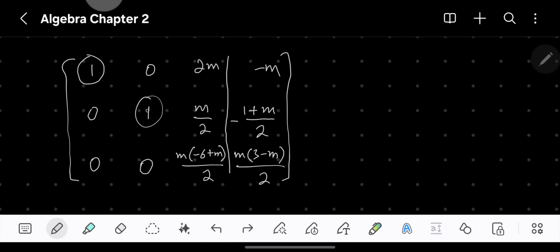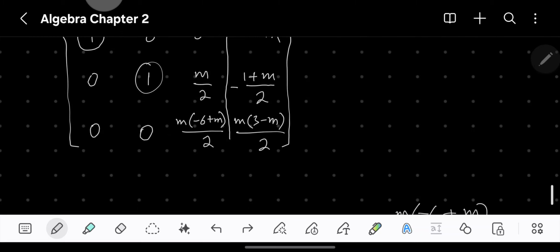Now, if I make a submatrix of this one, in this submatrix, this is the leftmost non-zero column and it must be non-zero. We are interested in this entry being non-zero, but we are not sure about it. It can be 0 and it can be non-zero. We will consider both cases and see what will happen.